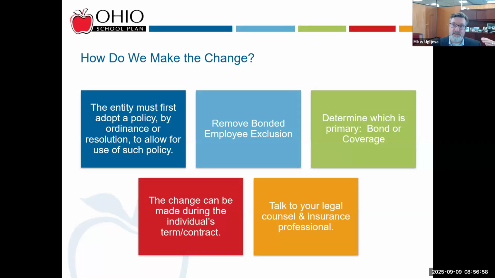So the bond is there as a safety net to pick up anything that might fall through the cracks in the insurance product. And so a small bond is purchased for those type of things so that the district is protected. In the instance that there's two, a bond and the crime cover, it's important to determine from your carrier what's primary. So our position as the Ohio School Plan is that the crime will sit primary, and then the bond will sit secondary for anything else that just falls through the cracks.